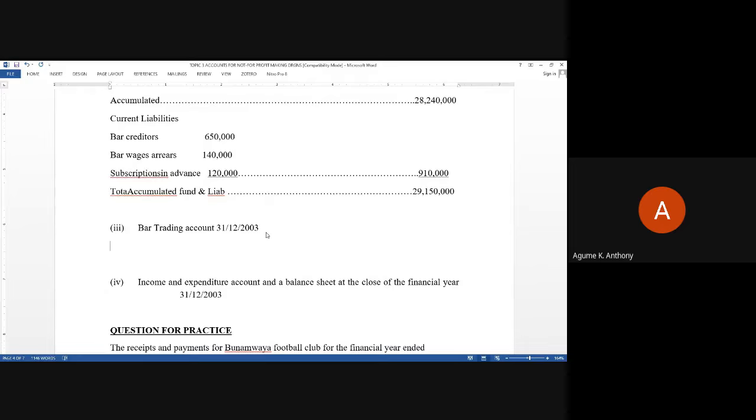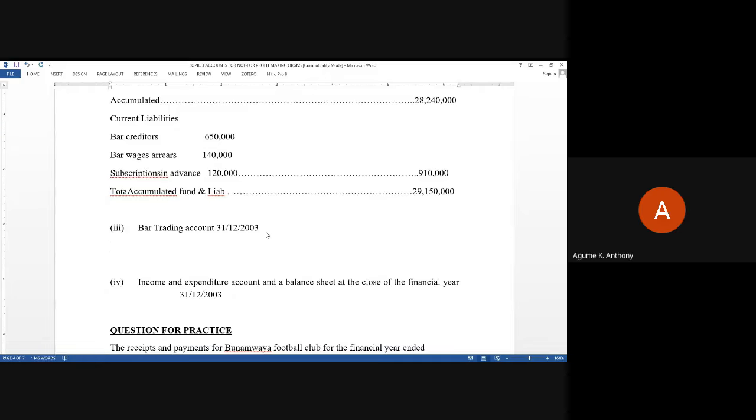Now, with the bar trading, of course, I need to prepare the bar trading account. This is a normal trading account. You will have your bar sales. What did the bar sell? Then I raise cost of sales, then I get the gross profit.